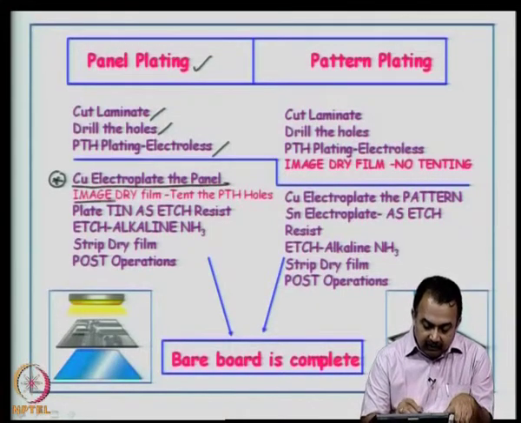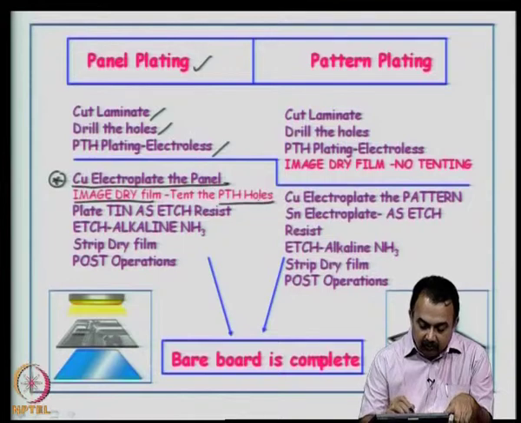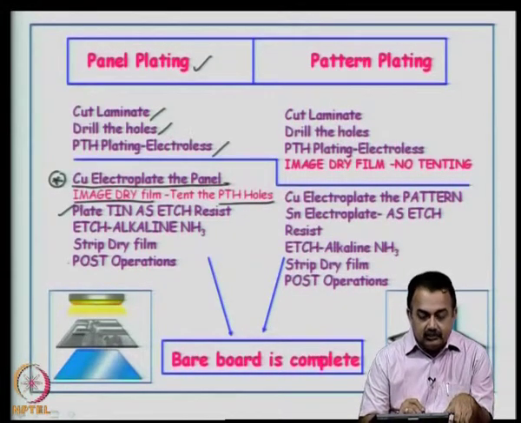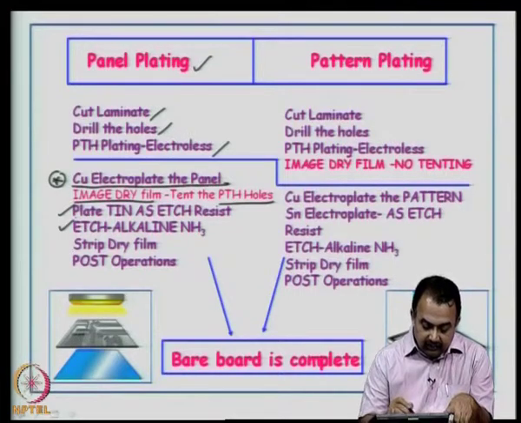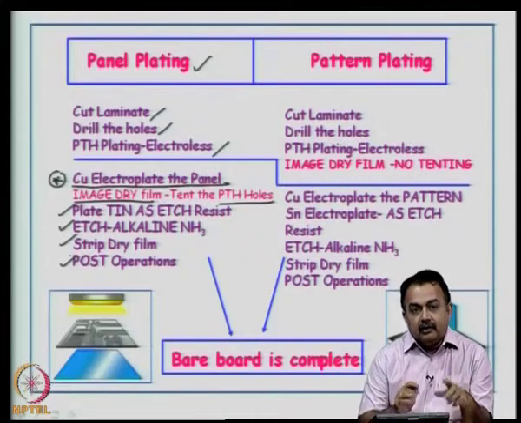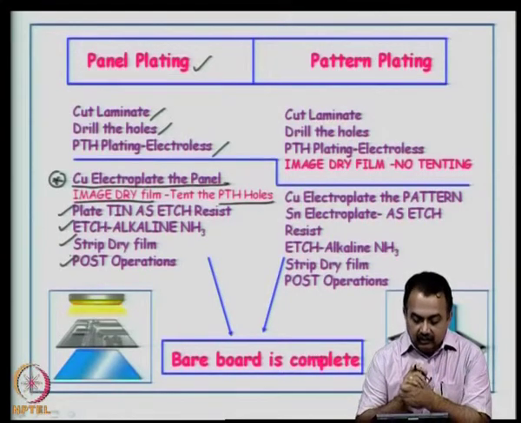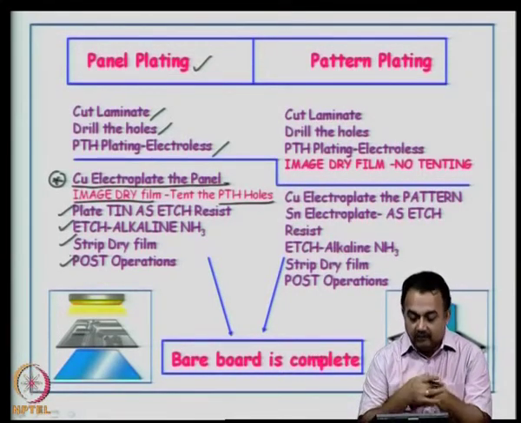Now, you do imaging of the dry film, close the through holes, plate tin as etch resist, etch using alkaline ammonia etchant, strip off the dry film and do post operations. So, here you are plating the entire area, then imaging, then using tin as an etch resist, and then you are removing the unwanted copper from the board, and then you are stripping off the dry film.